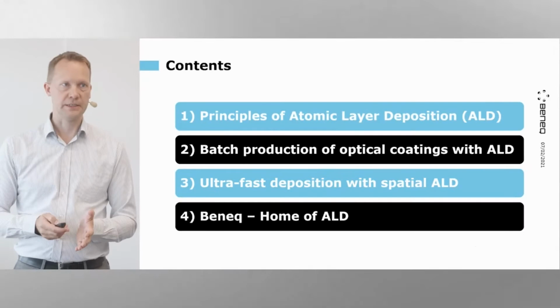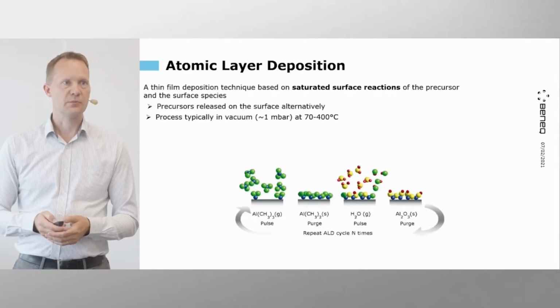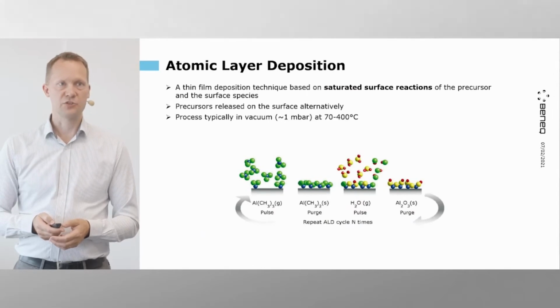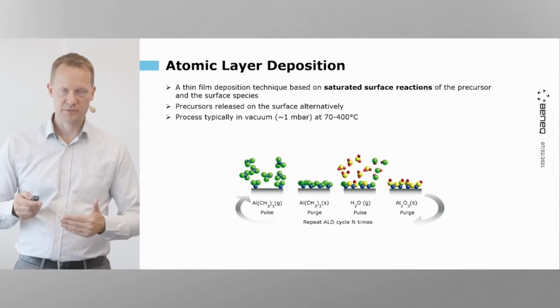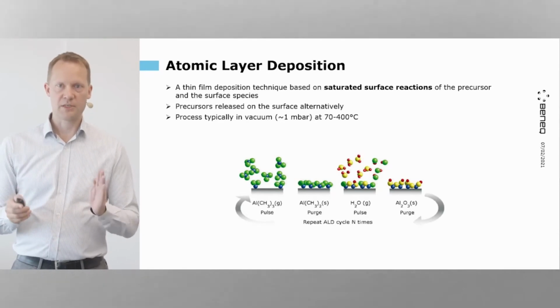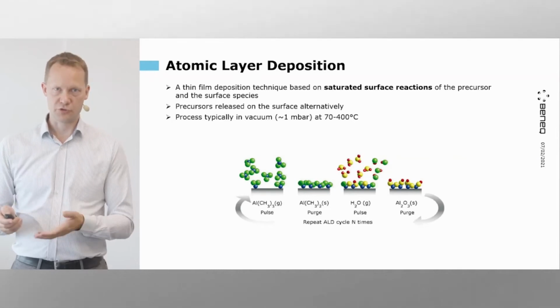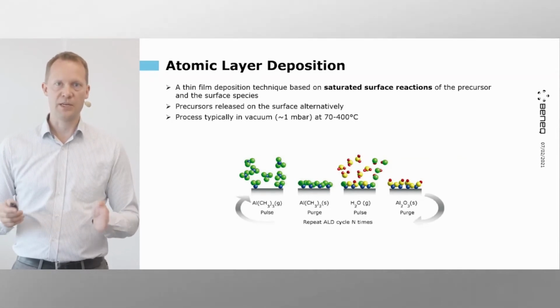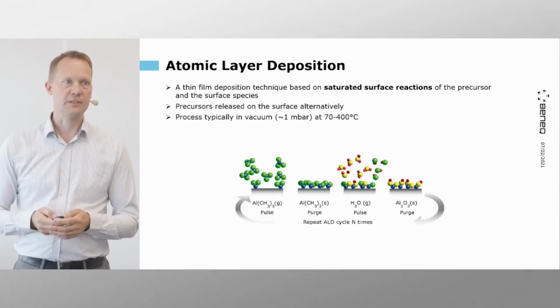What is ALD? The atomic layer deposition process is based on saturated surface reactions. So it's a chemical process. Two precursor chemicals are needed, and they are introduced onto the surface that we are coating one by one, separated by a nitrogen or inert gas purge phase.